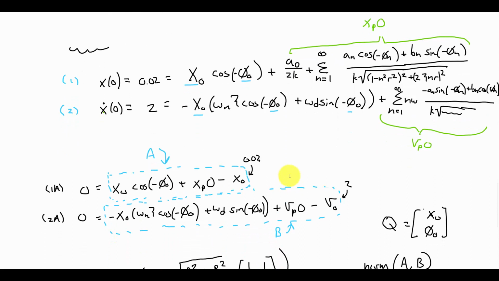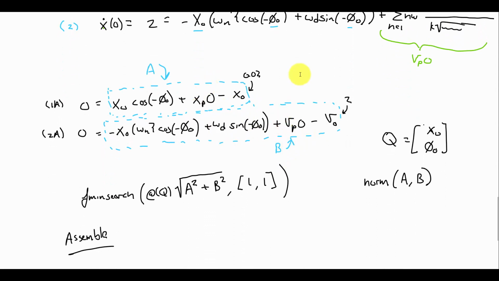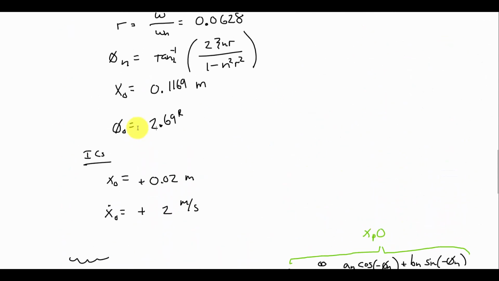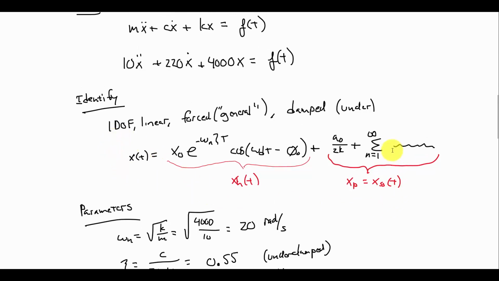And we did that using this kind of hacked together fminsearch routine where we could solve for those values and satisfy both equations at the same time, since fzero does not work on multivariate, multi-equation expressions. So from the fminsearch routine, we were able to find our big X naught and phi naught, 0.1169 and 2.69 respectively. Using those values, then we could assemble our total solution and find our x of t.